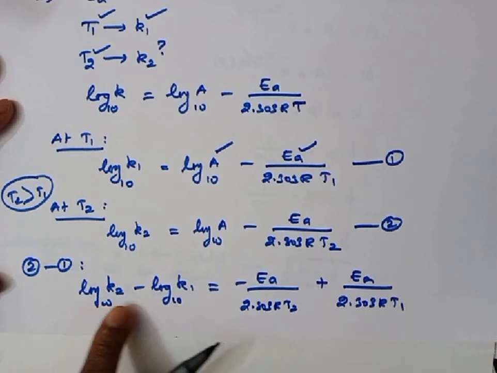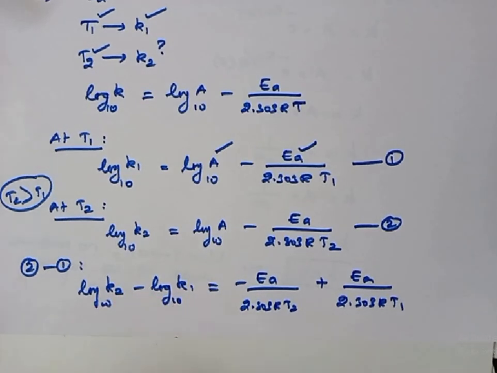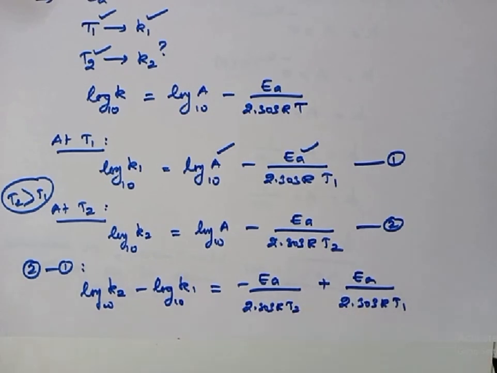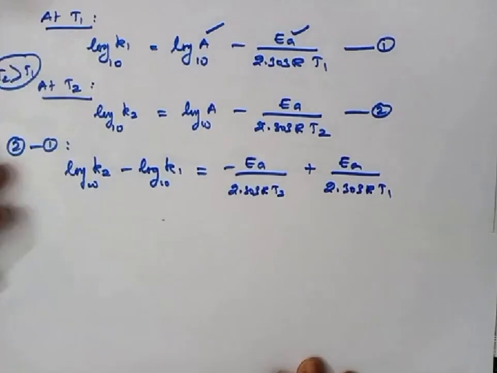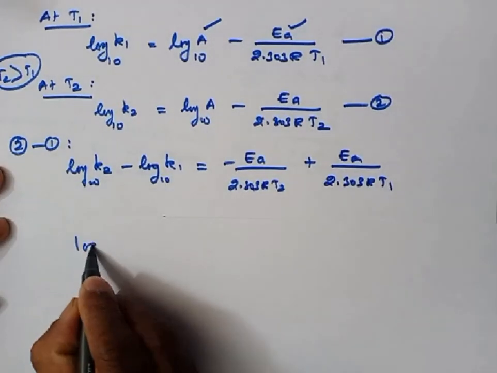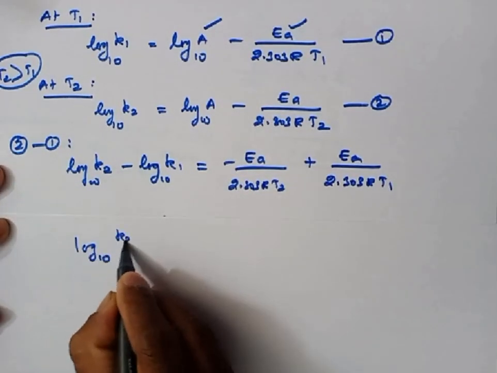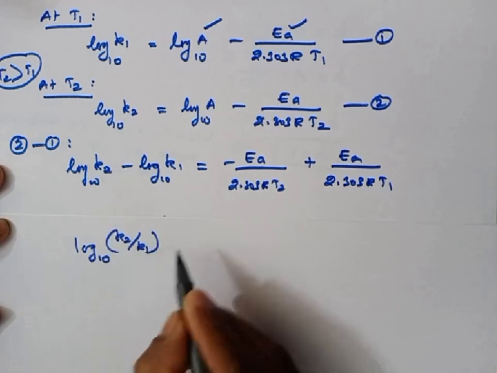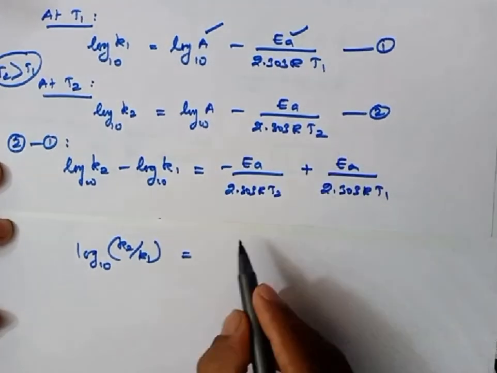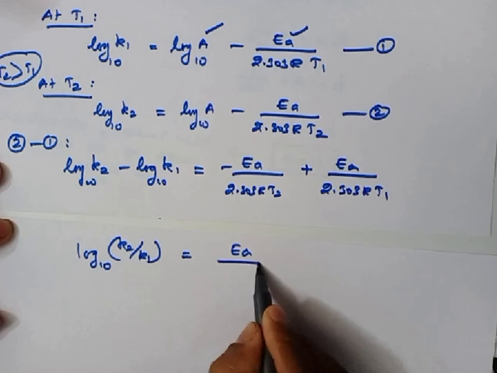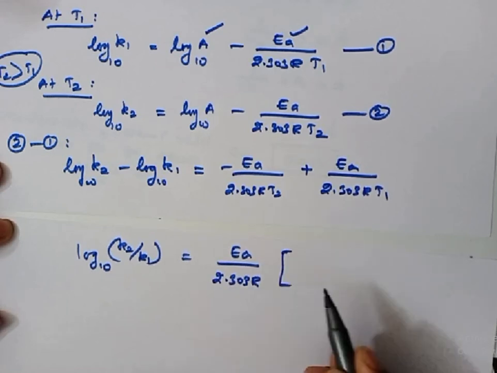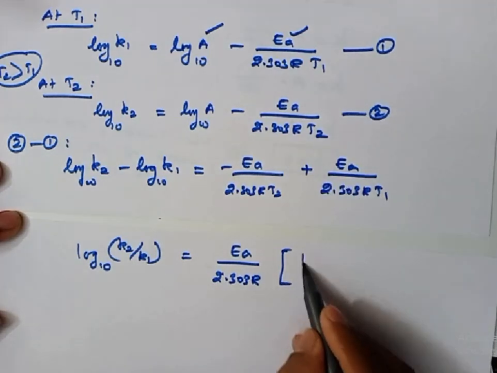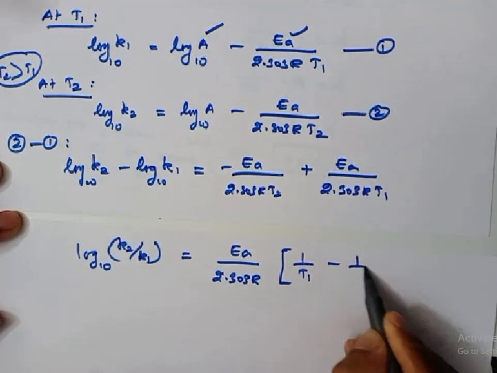Log A minus log B can be written as log A by B, so we can write log K2 by K1 equals EA by 2.303 R as common, with the positive term first: 1 by T1 minus 1 by T2.